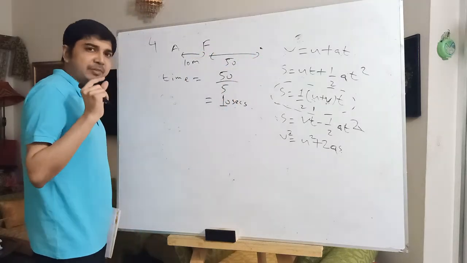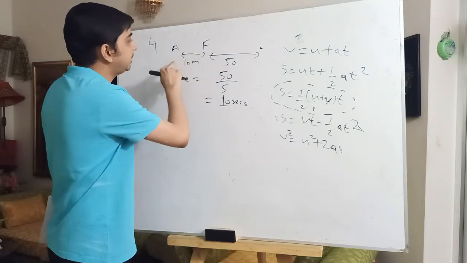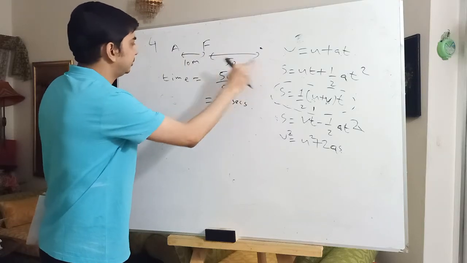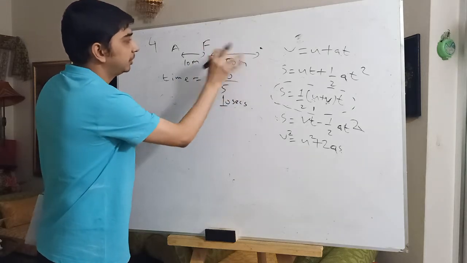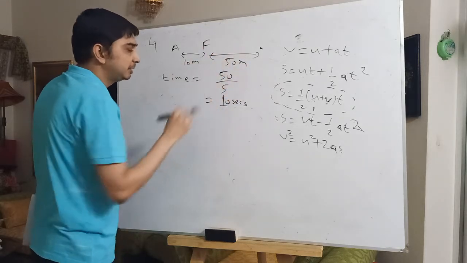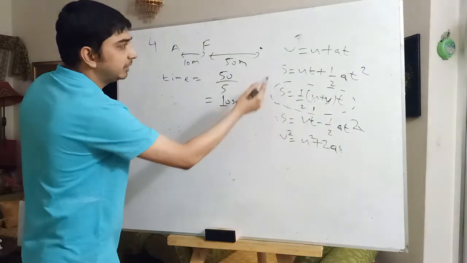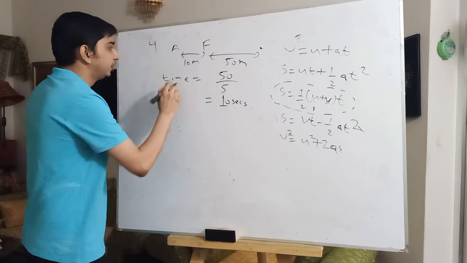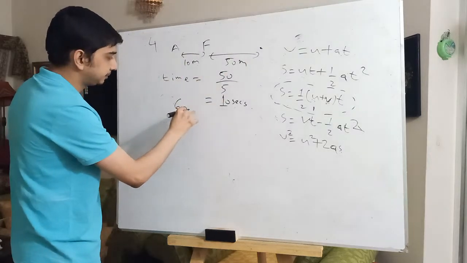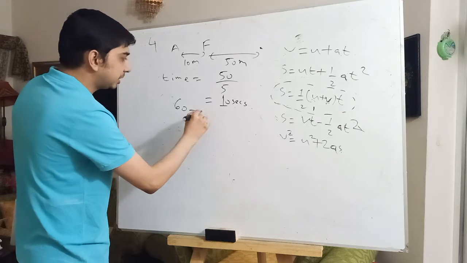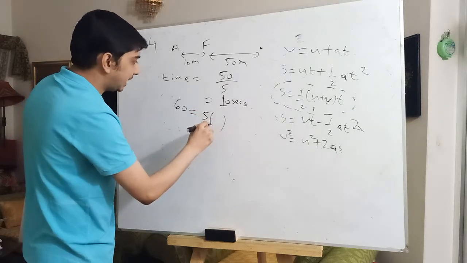Now the acceleration of Aisha has to be minimum such that in the same time it travels this distance. So what is this distance actually? This will be 60 meters. So this is 50, this is 10, so this distance is 60 meters. So let's say I use the formula s equal to ut plus half at square. So the distance traveled by Aisha is going to be 60 and initial velocity u is 5, and what is the value of time?